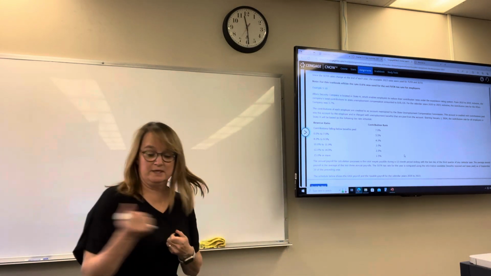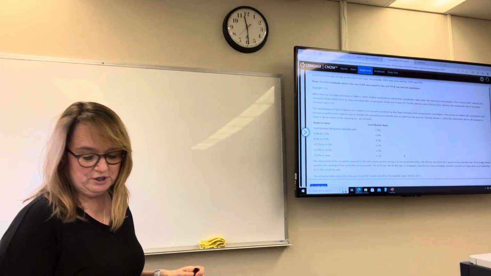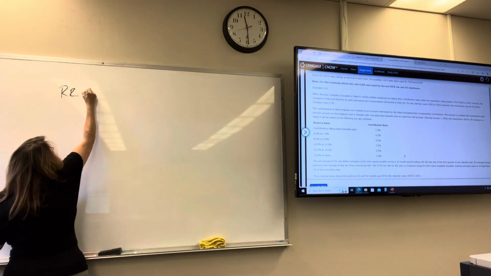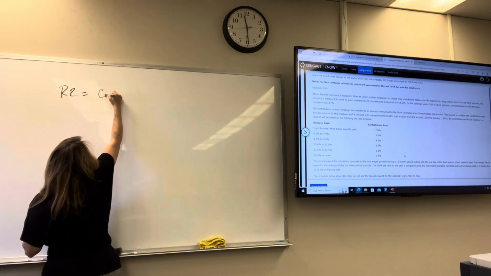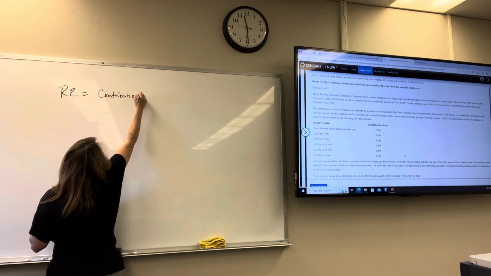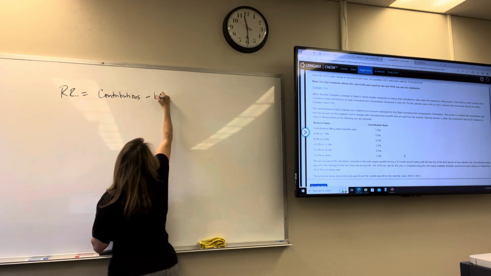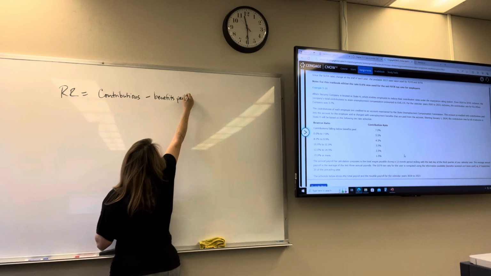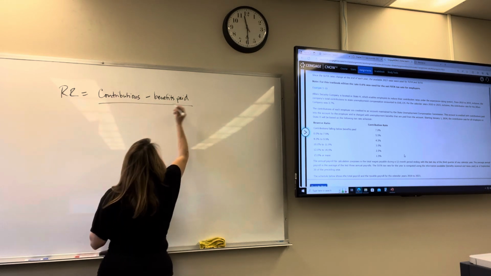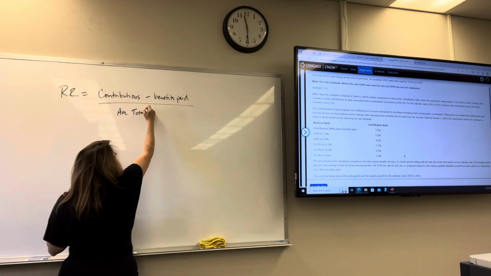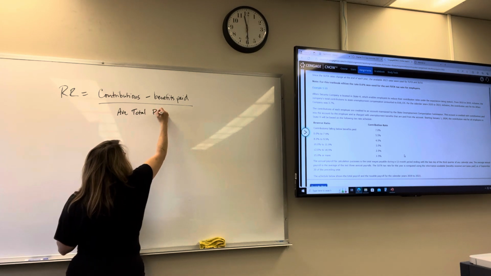Well, first off, I want to put the reserve ratio up. So our reserve ratio is calculated by taking our contributions minus benefits paid divided by our average total payroll.